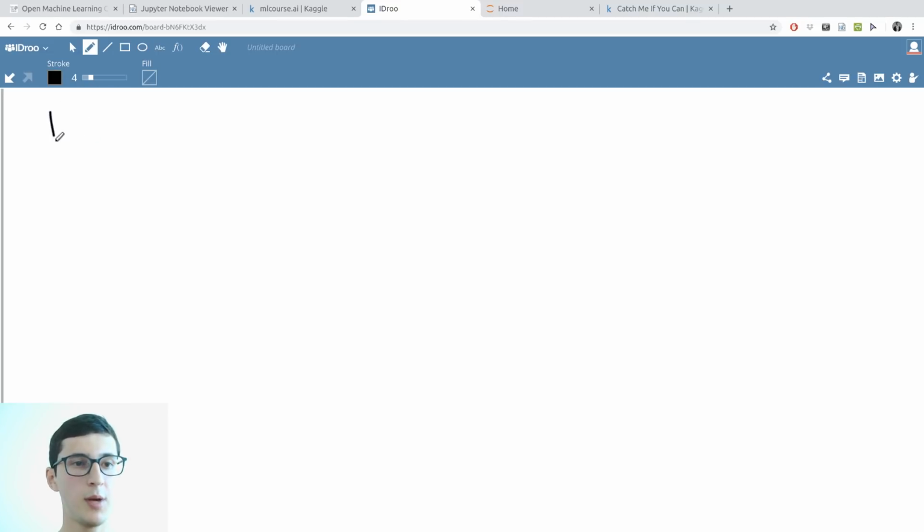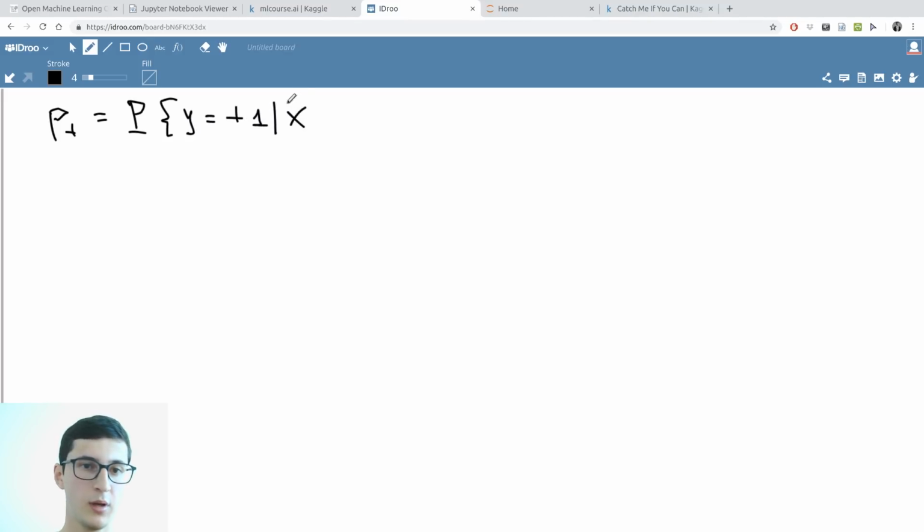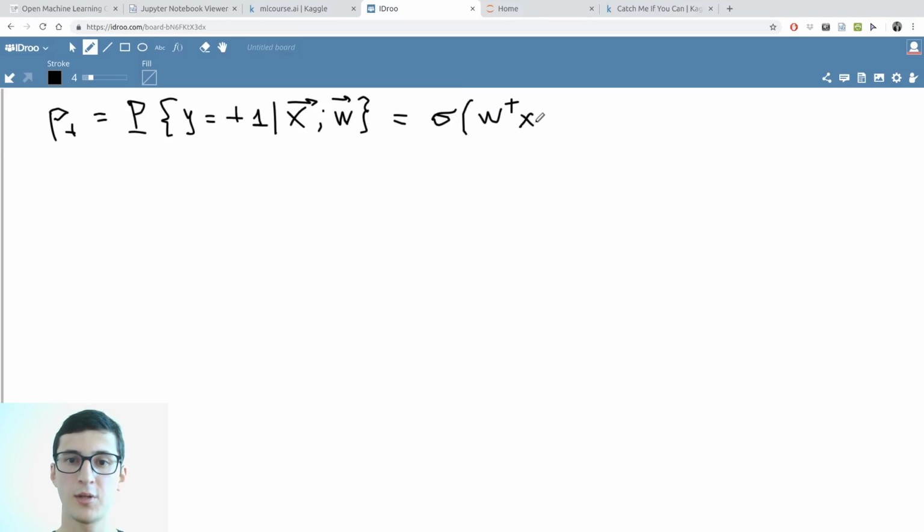We came to a conclusion that in logistic regression we model P plus, the probability that the class equals +1, conditioned on the vector of x's, our features. This will be parameterized by vector W. And in logistic regression we model it with the sigmoid of W transposed x.